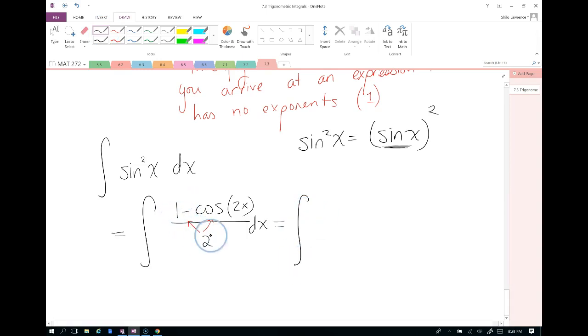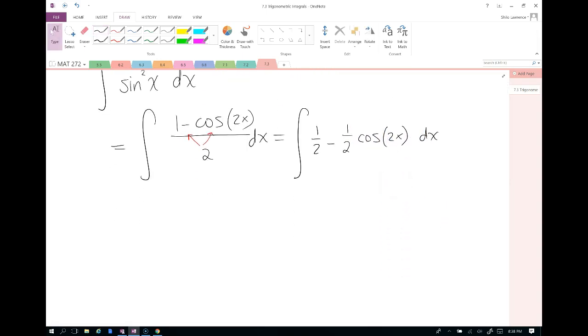So I'm going to do 1 divided by 2 minus, and then instead of saying cosine of 2x over 2, dividing by 2 is the same as multiplying by a half. I think that looks a lot nicer than having to integrate cosine 2x over 2.